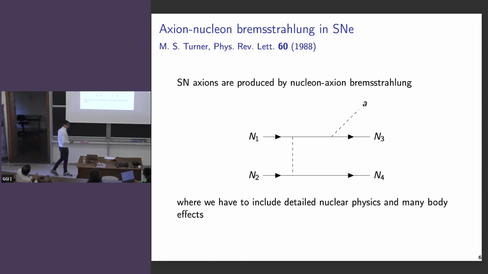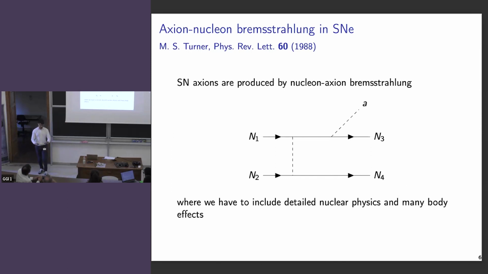So, for instance, they considered the pion mass, an effective mass for the nucleons involved, and also many-body effects, including multi-body scatterings of the nucleons inside the supernova core, and they added also the contribution of two-pion exchanges. Now, all these corrections reduced the emissivity of the nucleon bremsstrahlung by about one order of magnitude.